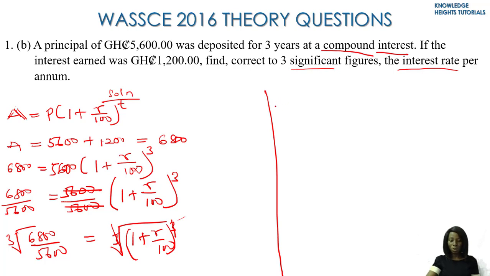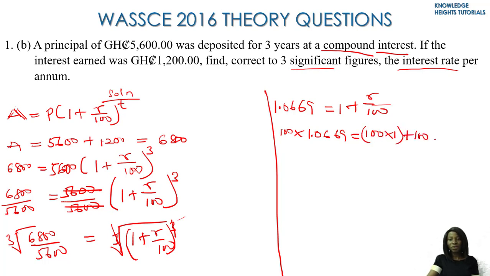We are going to get 1.0669, and this is equal to 1 plus r over 100. Since we have a denominator of 100 in the equation, we are going to multiply both sides by the denominator. So we have 100 times 1.0669 is equal to 100 times 1 plus 100 times r over 100.